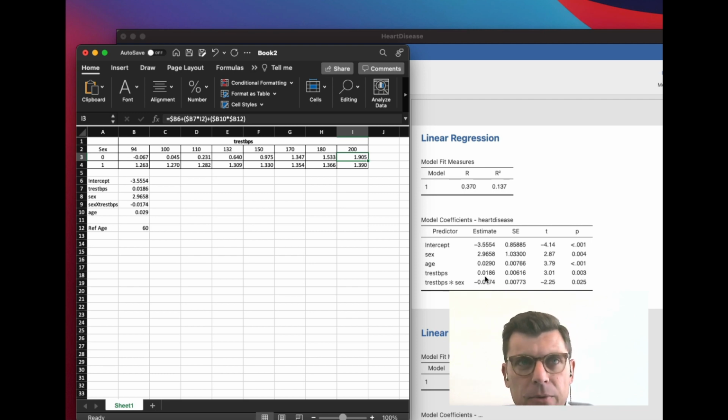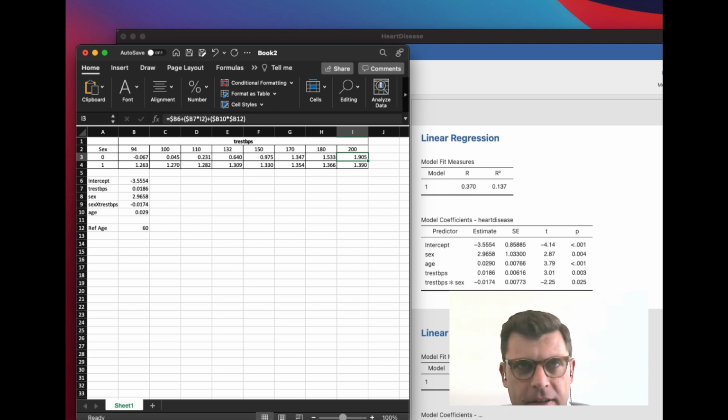It's saying that for people who are male, the effect of blood pressure is not nearly as severe as it is for females, the 0.0186. What this is telling us is that for males, increasing blood pressure has almost no net effect on severity of heart disease.